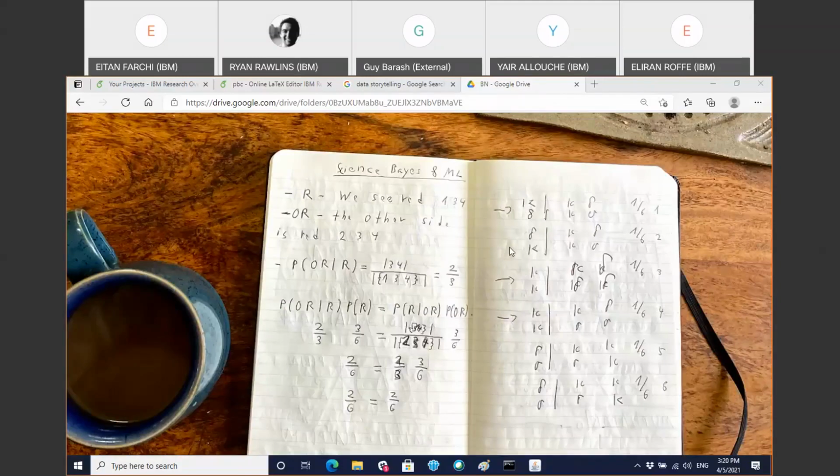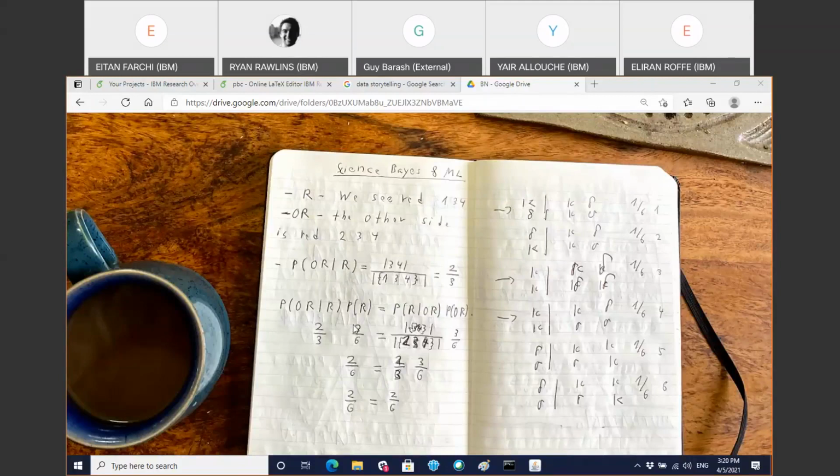Now let's see if the Bayes rule here works. Okay, we'll check if it works by enumerating everything. One of the ways to think about the Bayes rule is that we can factorize the event of R happening and OR happening together, intersection.